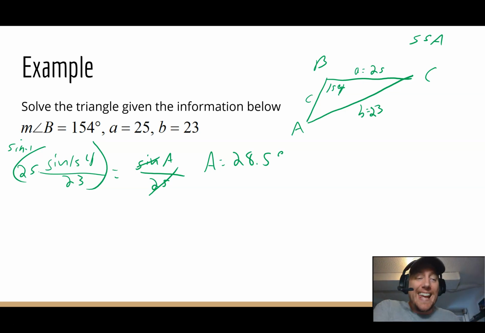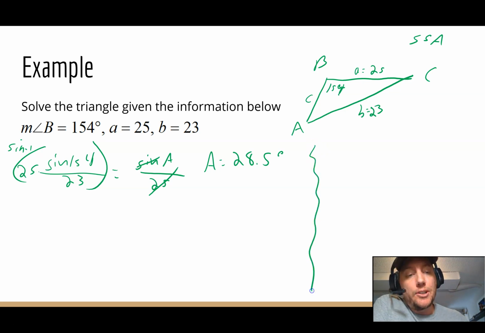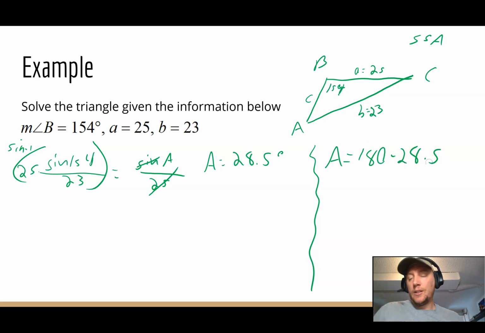So I've got my A, and let's see if we have another potential answer. A being 28.5 is one potential answer. To find the other one, let's do 180 minus 28.5, and I get 151.5 degrees as our other potential answer.